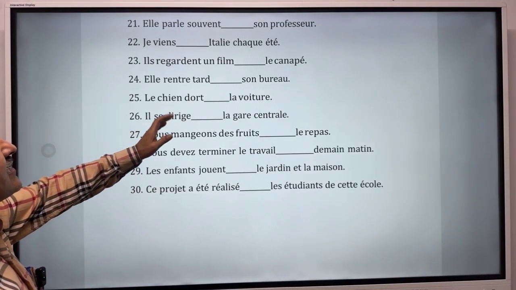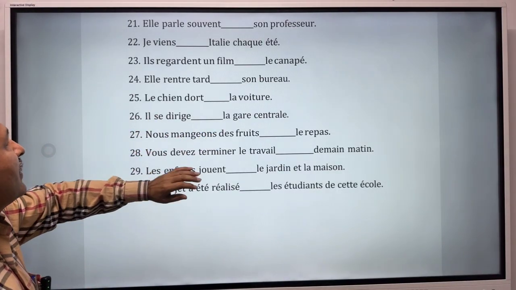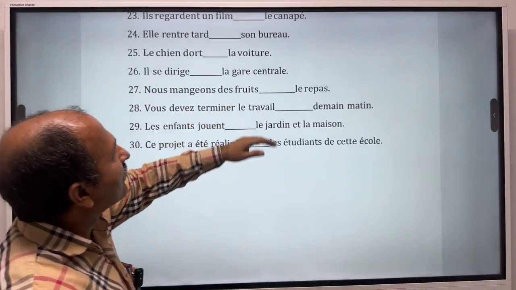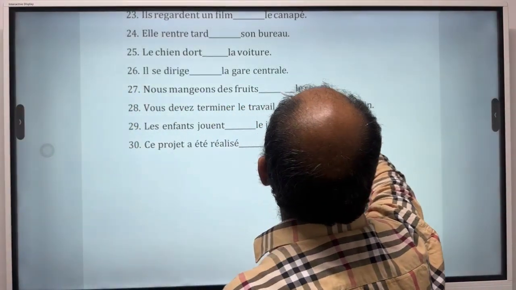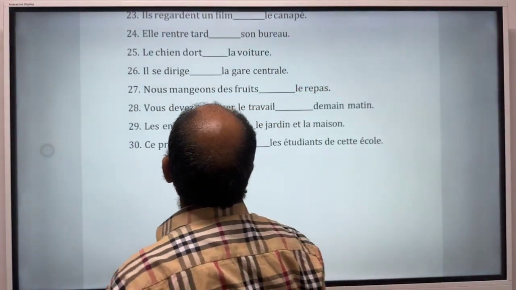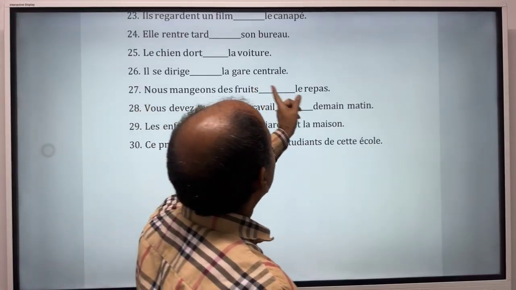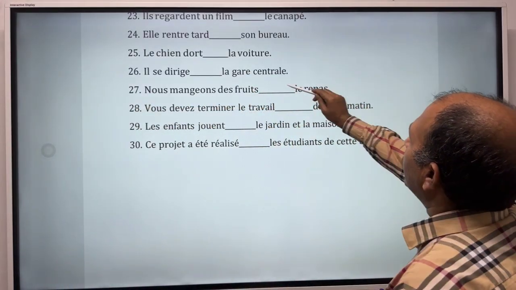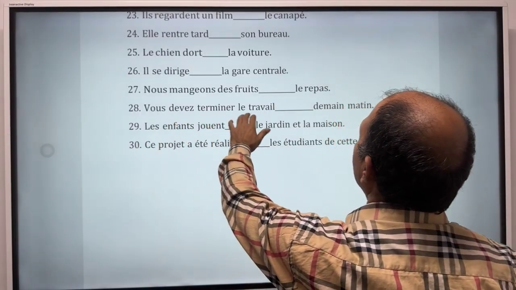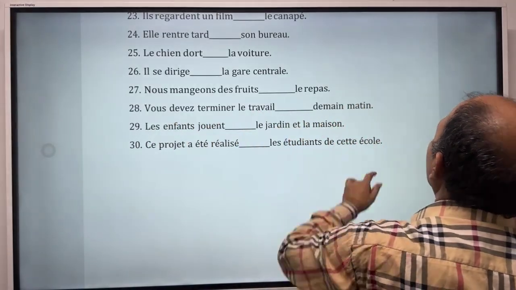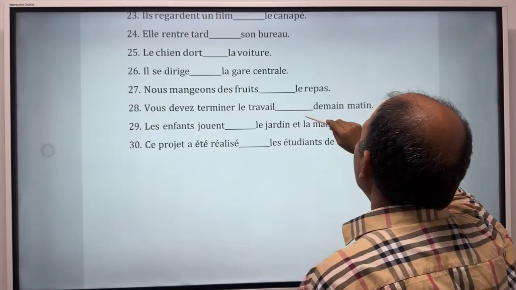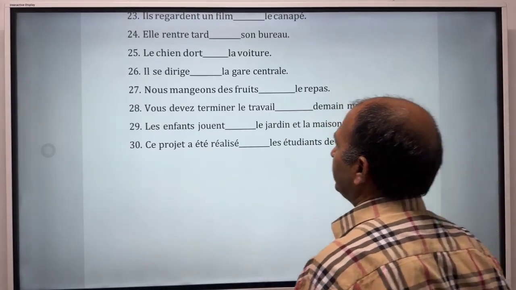Il se dirige vers la gare centrale. Nous mangeons des fruits dans le repas. Or you can combine a and le, so au repas, but better to write dans le repas. Vous devez terminer le travail jusque demain matin, avant demain matin, both possible.